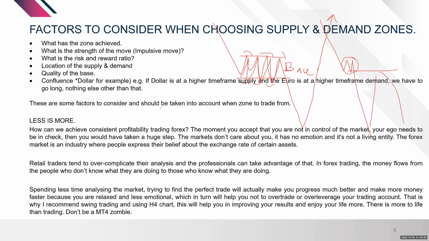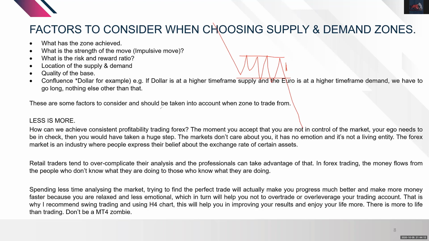Yes. And then we've got what we call confluence, more of like a correlation. So these are factors that you should consider. For example, we've got dollar index. If dollar index is trading at a higher time frame supply and the euro is at a higher time frame demand, we have to go long on euro USD.